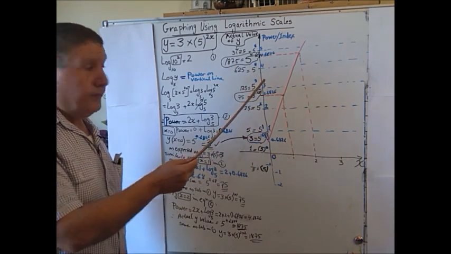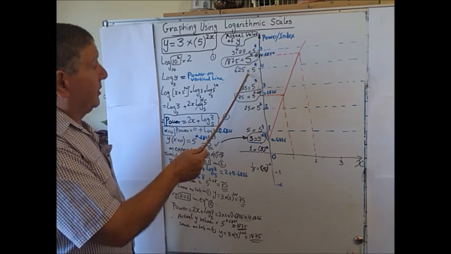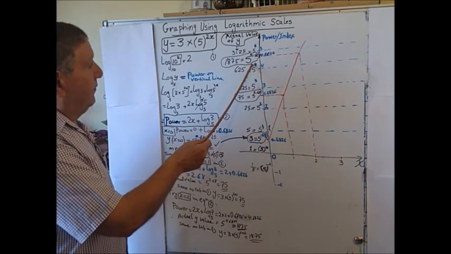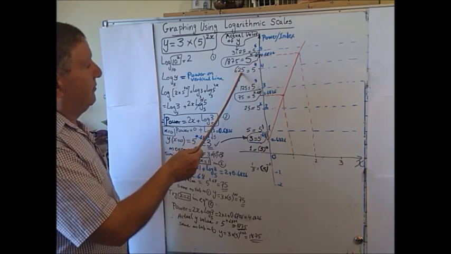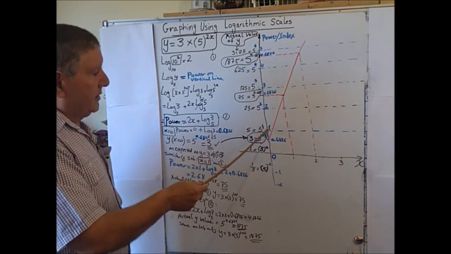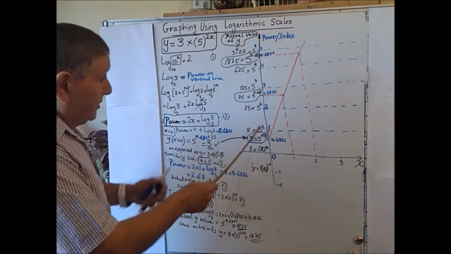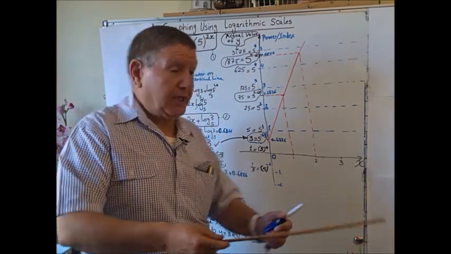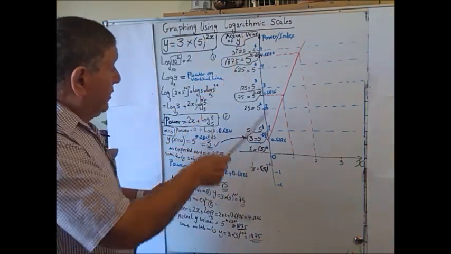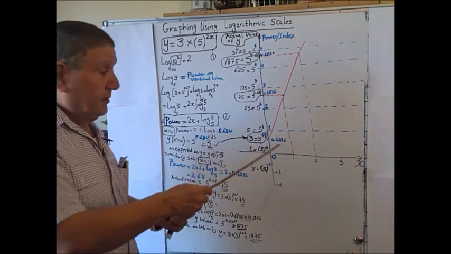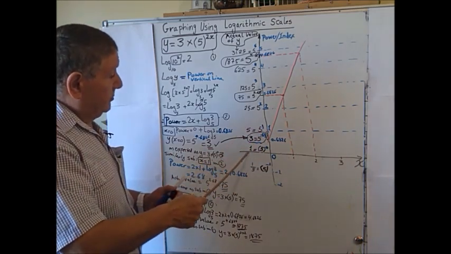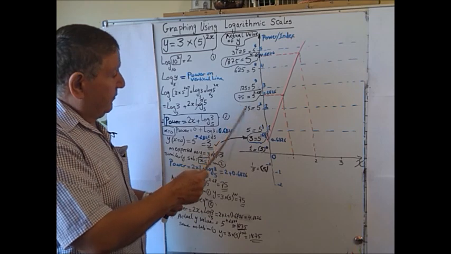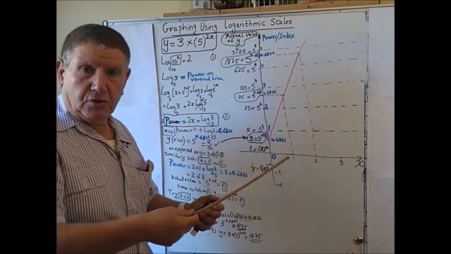The same thing keeps going. This is 5 to the 4, 625. See, the ratios here are the same, by 5. When we have a logarithmic scale, we talk about ratios. Between 5 and 1 it is 5, 25 to 5 is 5, and so on.